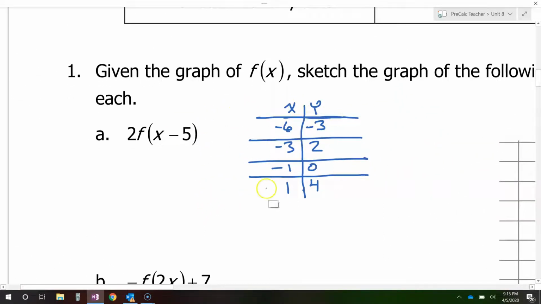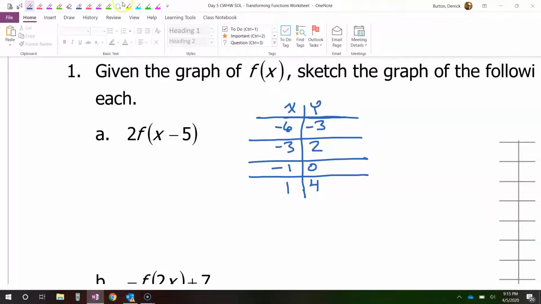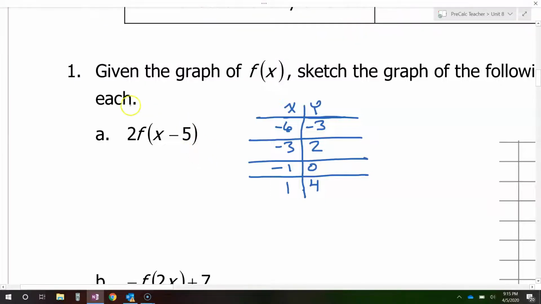And this is the reason why I made the rows extra long, so there would be room for the transformations. So anything happening outside of the function is happening to the y values.